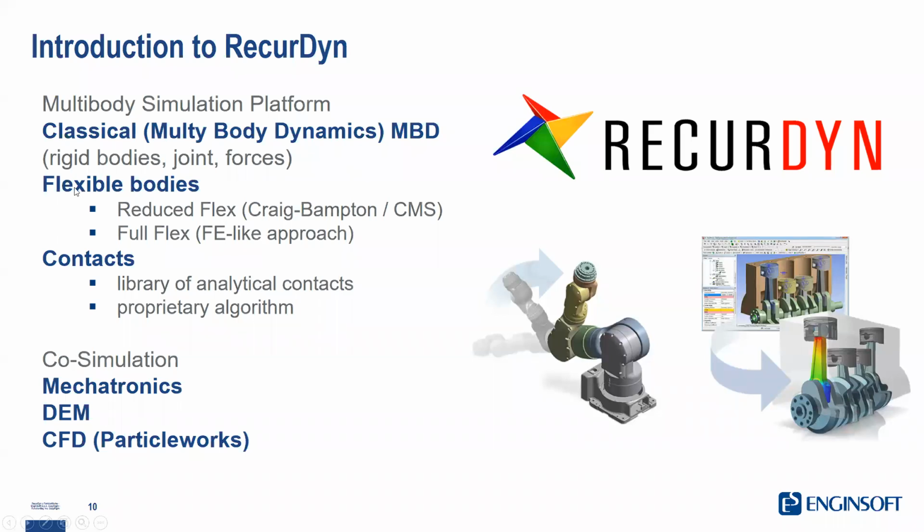But it also integrates the possibility to deal with flexible bodies, as I mentioned. In particular, we will refer to the FFlex approach, that is a finite element-like approach. It's a proprietary approach that we can find only with RecurDyn, at least on the commercial side. So this is really the key feature of RecurDyn that distinguishes it from the other multibody solvers.